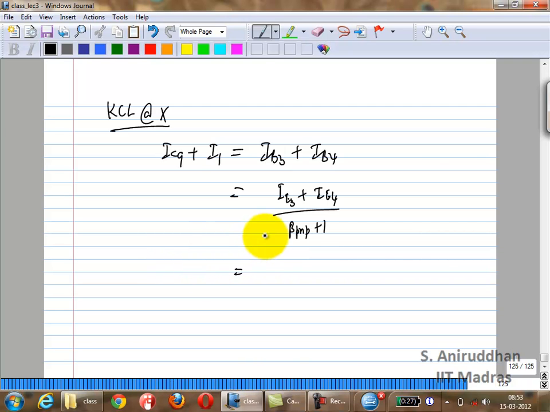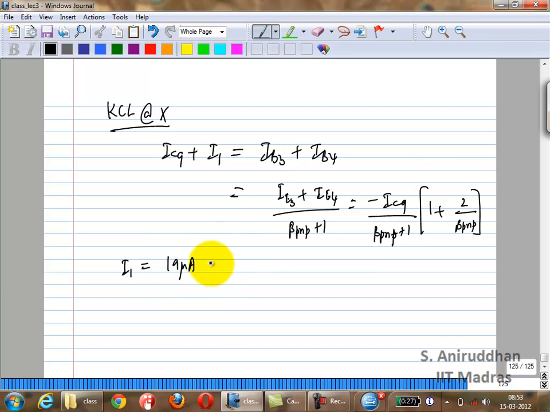So this is what you have. So what is I1? 19 microamps.